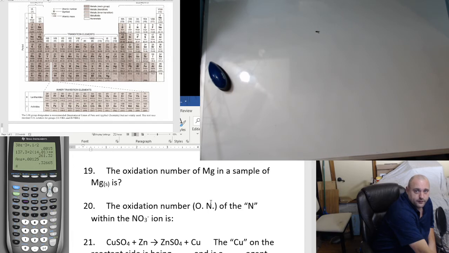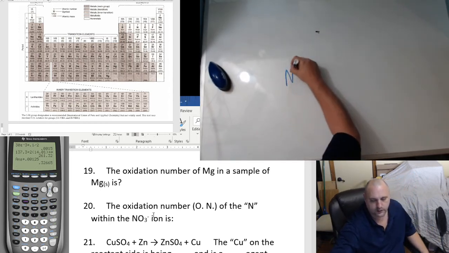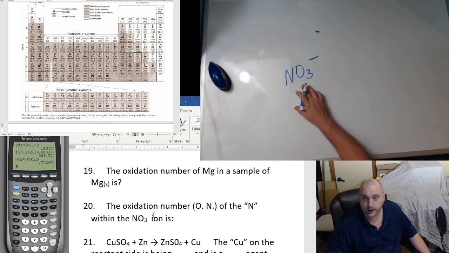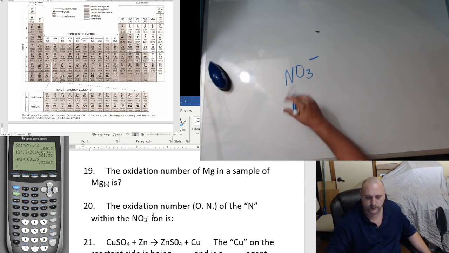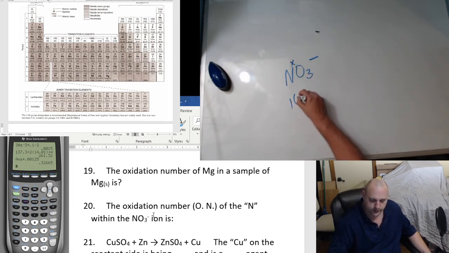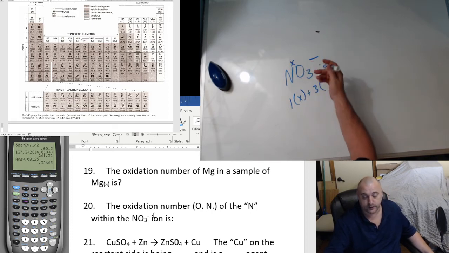That was easy enough. The N in NO3 negative ion. NO3 negative, this is nitrate, and it wants the N. So it's the charge it would have if it had a charge, so I'm going to put X there. So 1 times X plus 3 times an oxygen, unless it's a peroxide or it's an element.